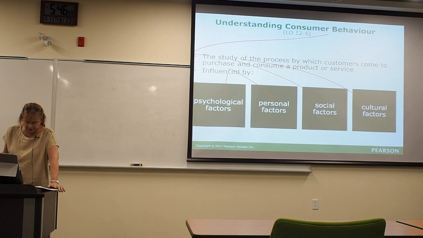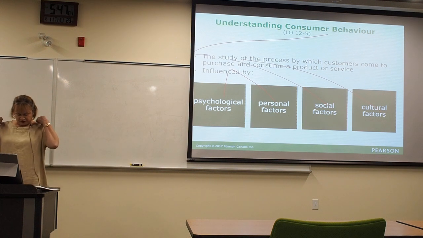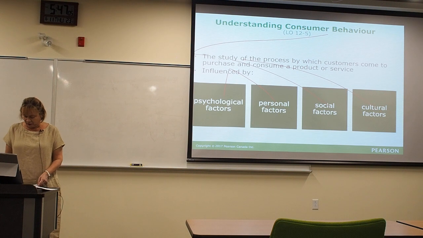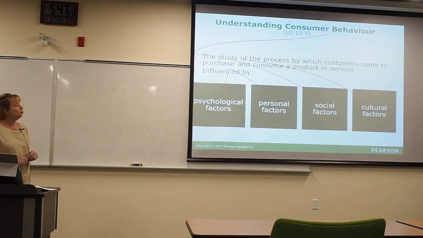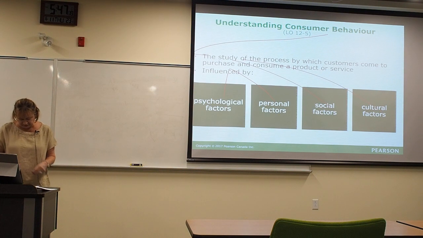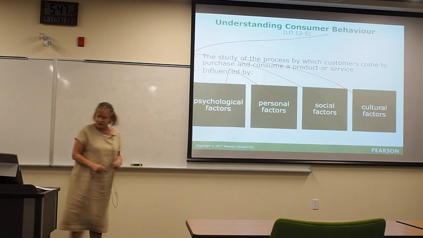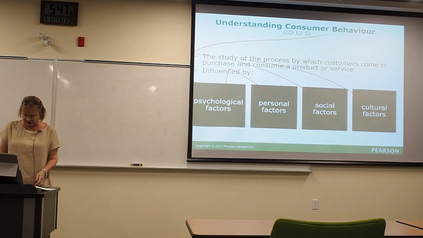Social factors would be your family, your friends, your workers, your colleagues, your professional associates. Cultural factors include culture and social class. All of these four factors help marketers explain consumer choices and predict future buying behavior.